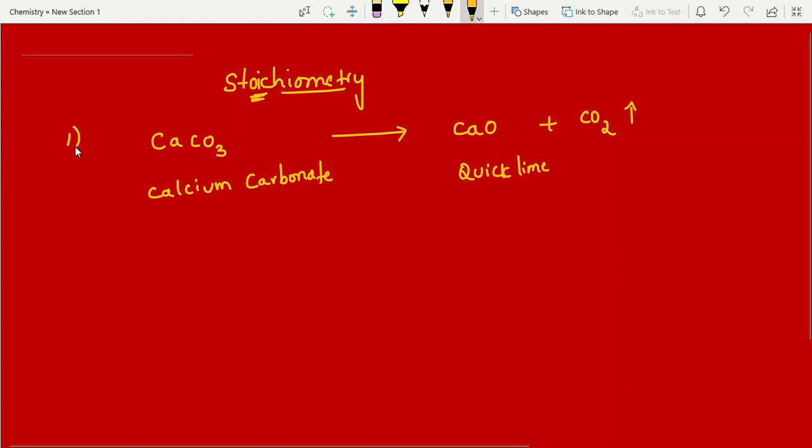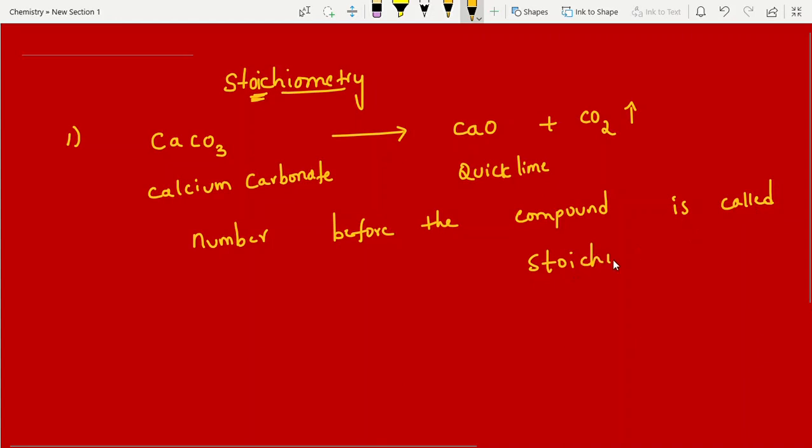And students, one more point. Stoichiometry is nothing but in a balanced equation. First step, we have to balance the reaction. And second step, what is the number before the compound? That number before the compound, or before the molecule, is called the stoichiometric coefficient.